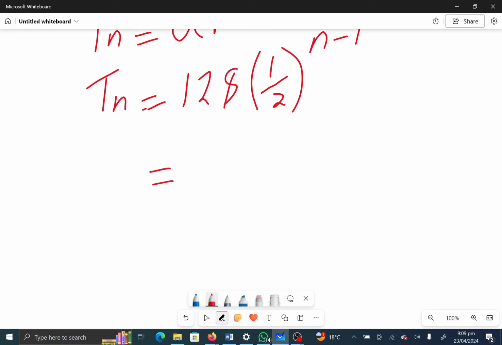So we are going to introduce indices in this equation.